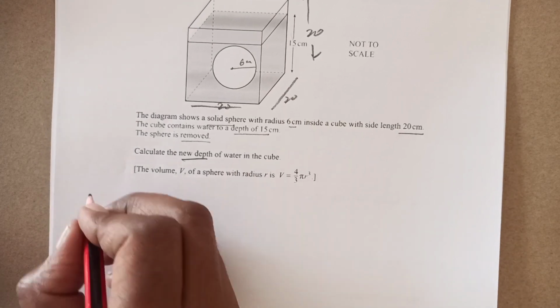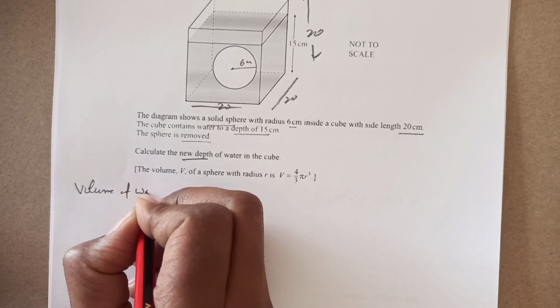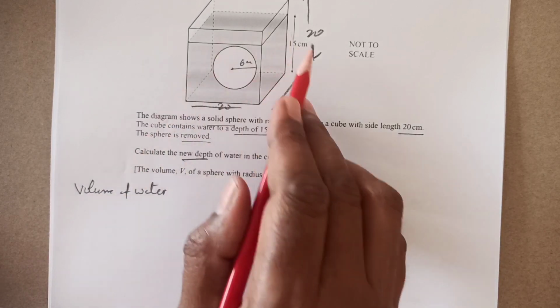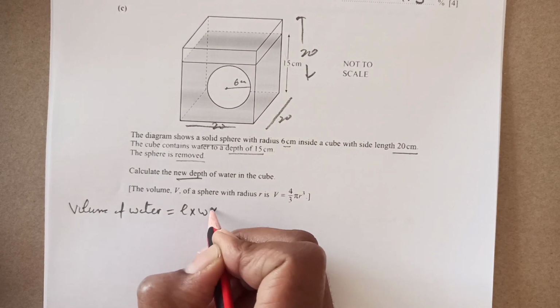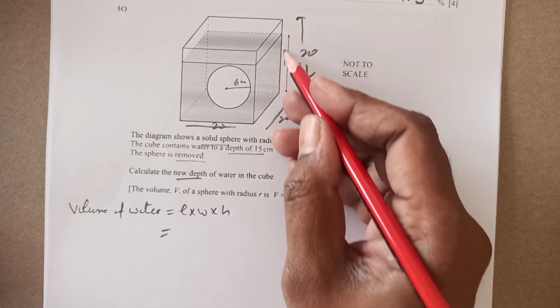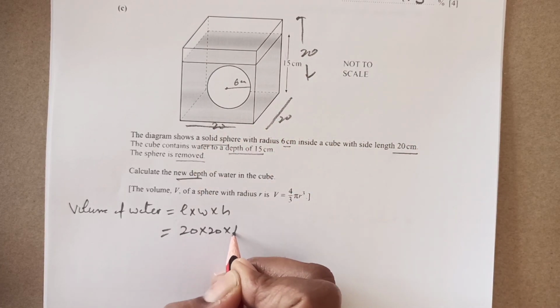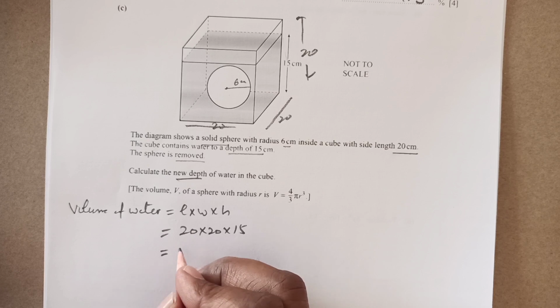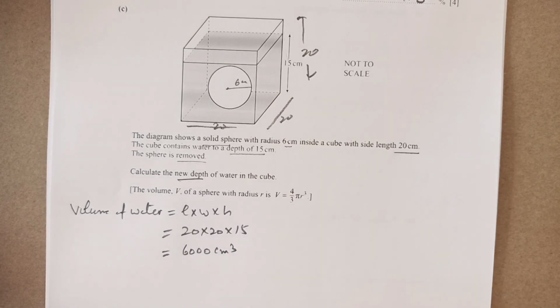So for that, first of all, we need the volume of water. Volume of water is taking cuboid shape, so that's going to be length times width times height. Height is 15, other two dimensions are 20 and 20. 20 times 20 times 15 is 6000 centimeter cubed. That's the volume of water.